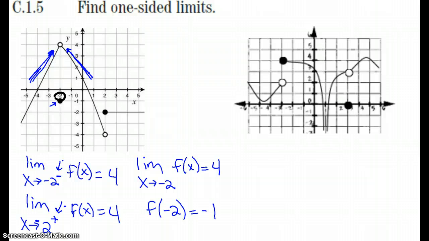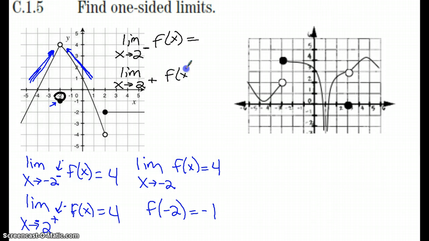All right, so we found out the limit as x approaches negative 2 does exist. Let's look at the limit as x approaches positive 2. So the limit as x approaches 2 from the left of f of x, and the limit as x approaches 2 from the right of f of x.